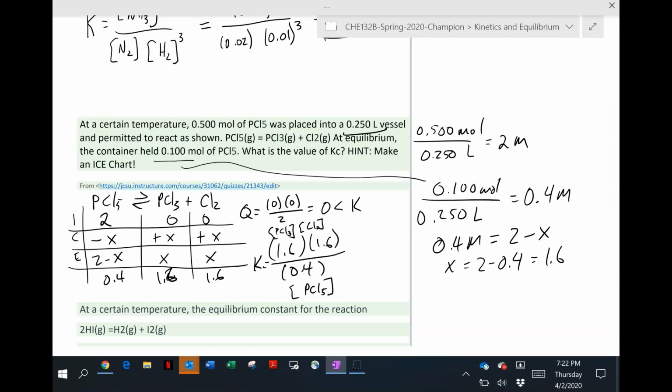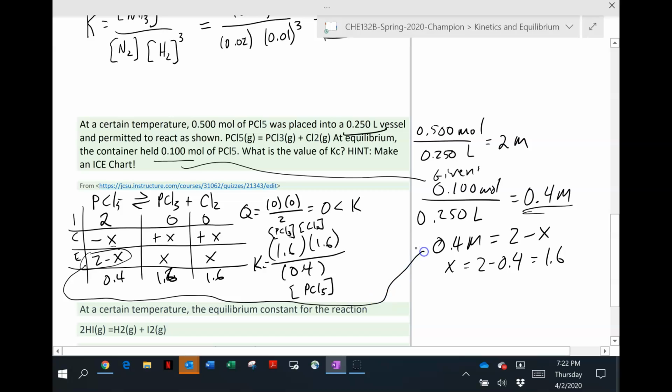And the way we got that 1.6 again was by being given this equilibrium value, figuring out what that value was and equating it to the value we came up with in the ICE chart in terms of X, and then that gave us the value of X, which gave us the other two terms. So plug this into the calculator. 1.6 squared divided by 0.4. I'm getting 6.4 for that one as my equilibrium constant, and again no units there.